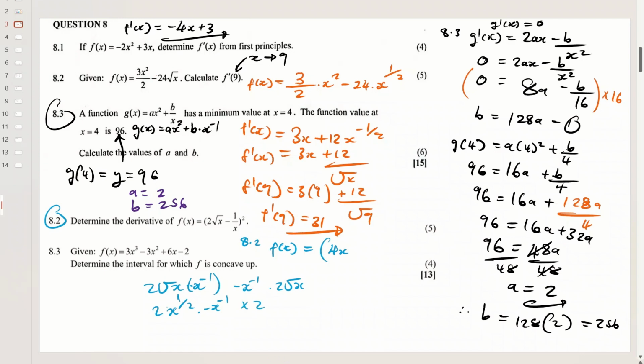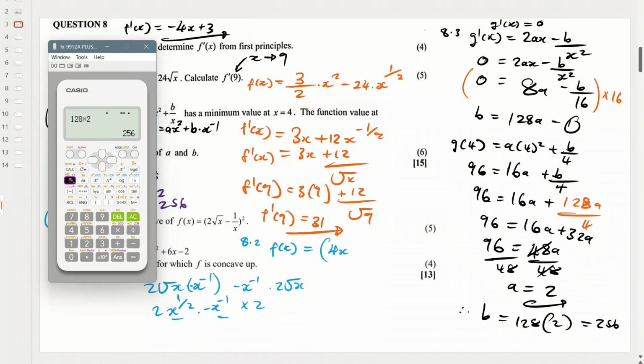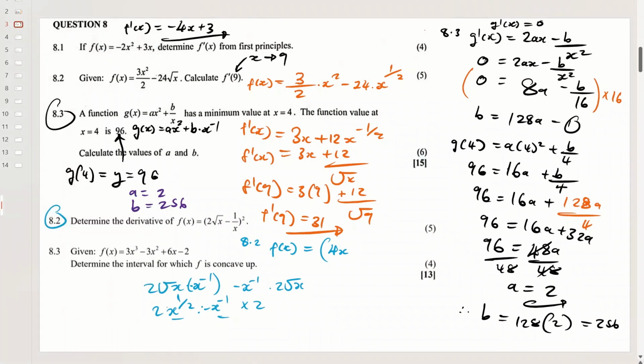So now let's see. Remember you have the same base x and x, so you need to add the exponents. So it means you have a half minus 1, that's negative half. So you'll have negative 2x to the negative half. Multiplying that by 2, it means you'll have negative 4 times x to the negative half.